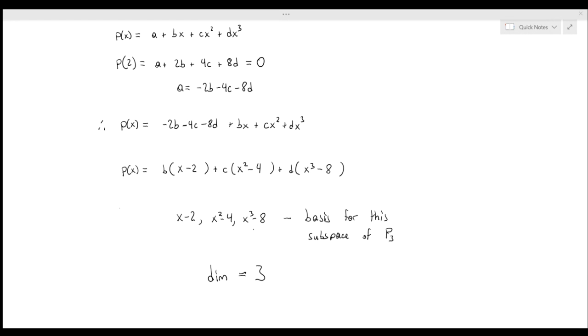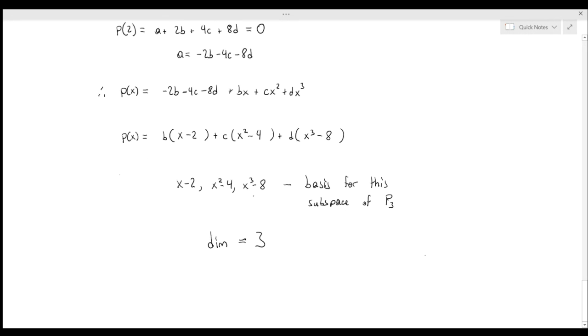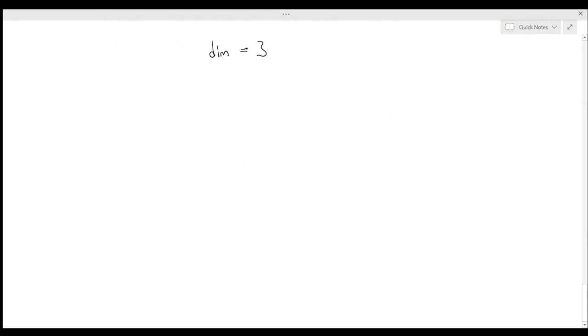Okay. So if you're given a space and you're asked to find a basis for it, as well as its dimension, here is the general strategy. So try to write out a generic element of that space. Then use the variables in that expression and write it out as a linear combination using those variables as the coefficients.